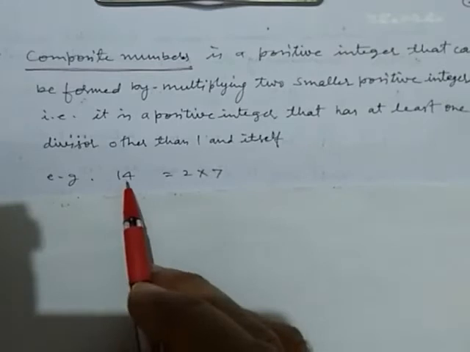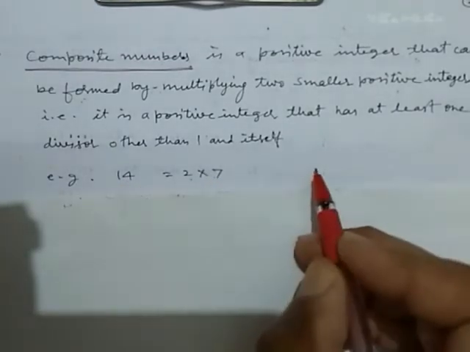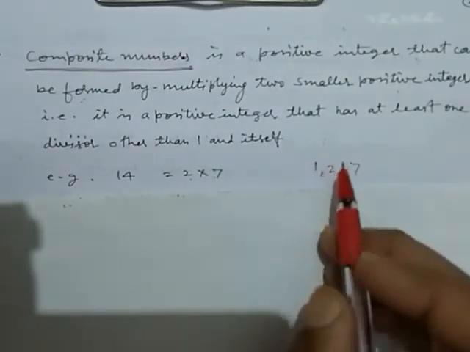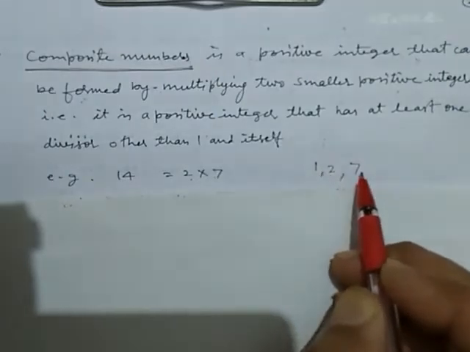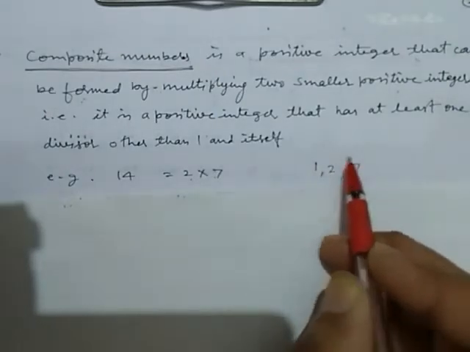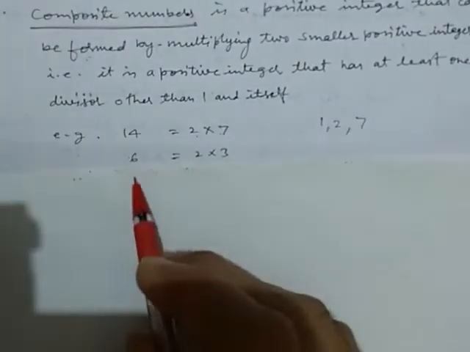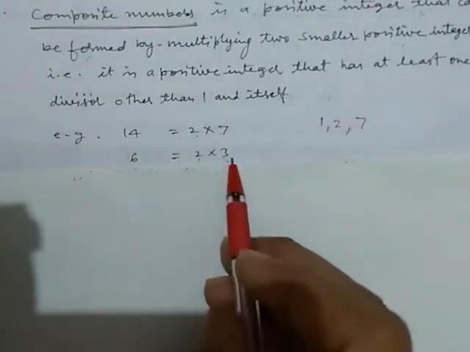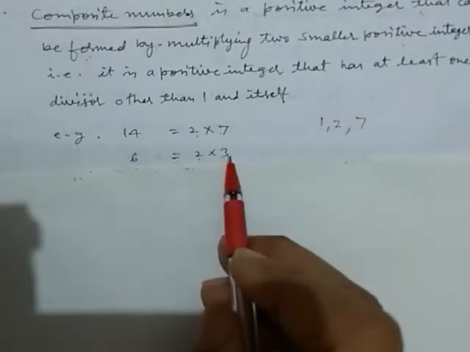Examples: 14, that is 2 into 7. Here the divisors are 1, 2 and 7. So other than itself there is another divisor also. 6, 2 into 3. So at least one divisor other than itself.